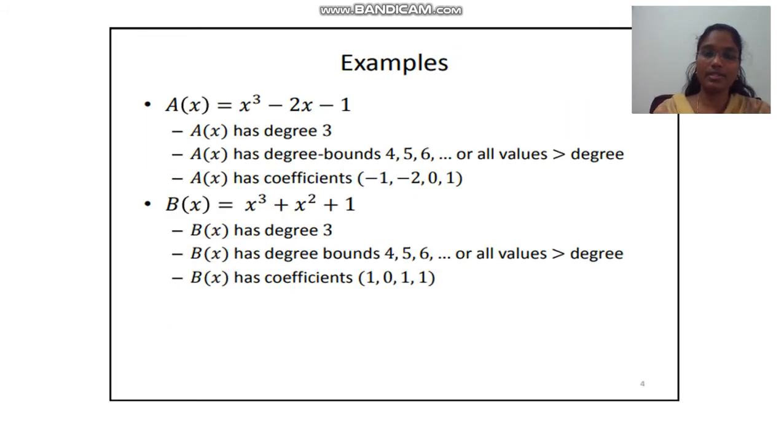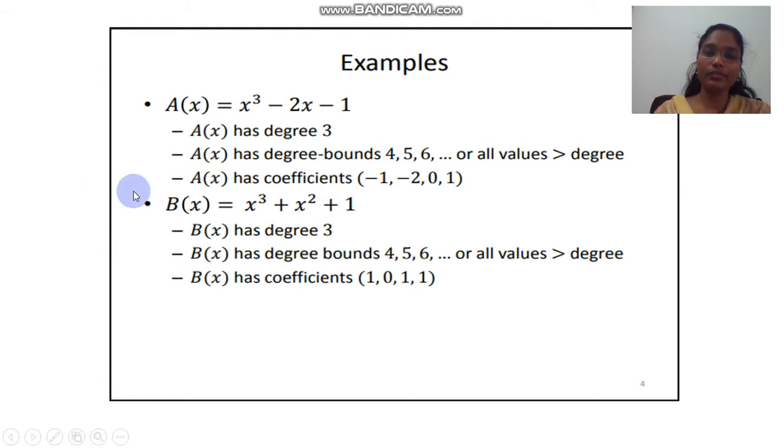We'll see two examples. A(x) is equal to x cube minus 2x minus 1. In this polynomial we can see the highest degree given here is 3. x cube is the highest degree, so the degree is 3, and the degree bound means any value greater than the degree, so starting from 4, any value greater than that is the degree bound.